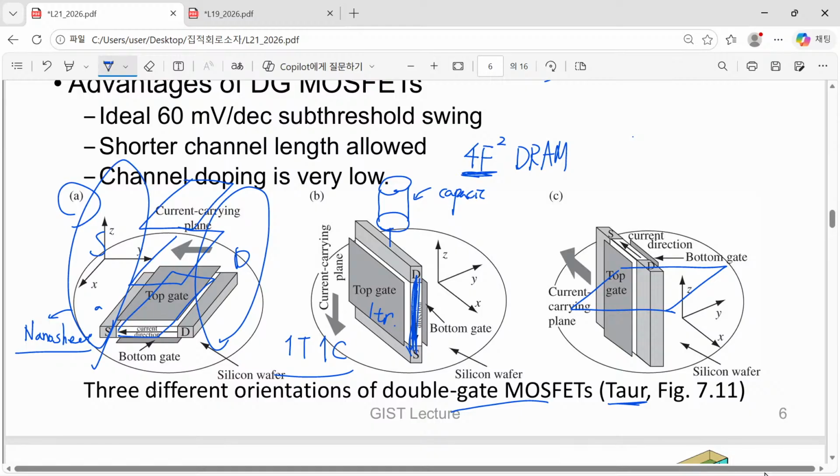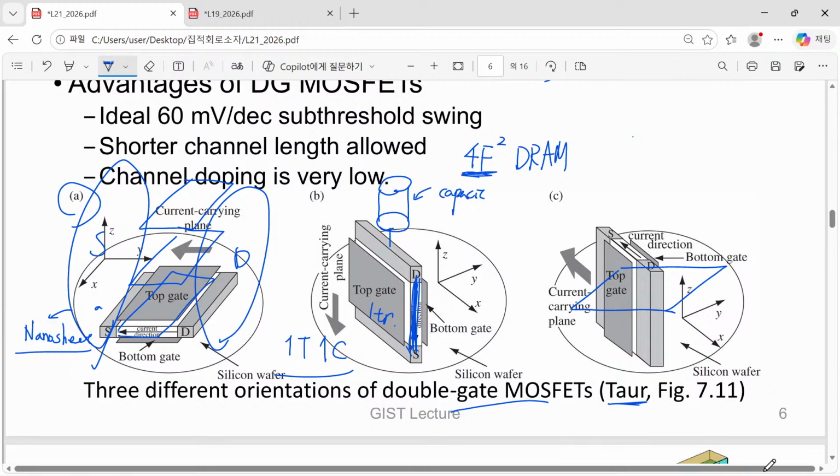Nobody thinks that this will be the ultimate form of DRAM, but as an intermediate remedy for this challenge of further scaling reduction, we feel that this becomes, for a while, the form of a DRAM transistor.